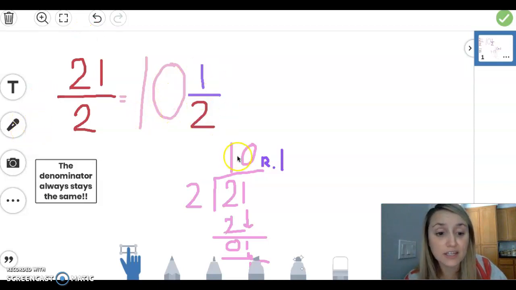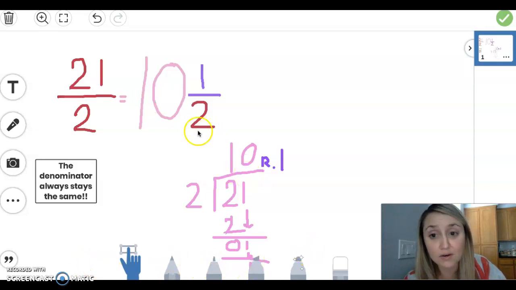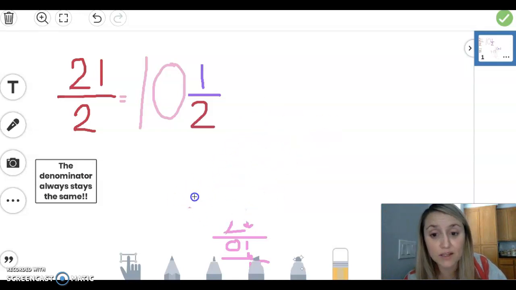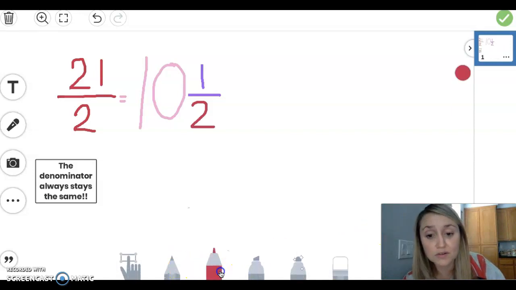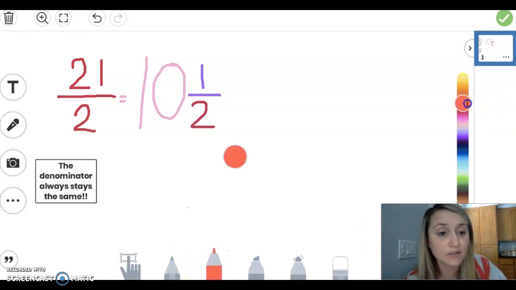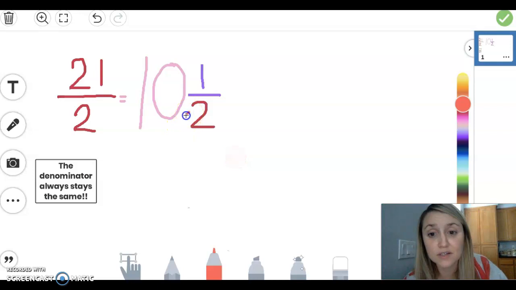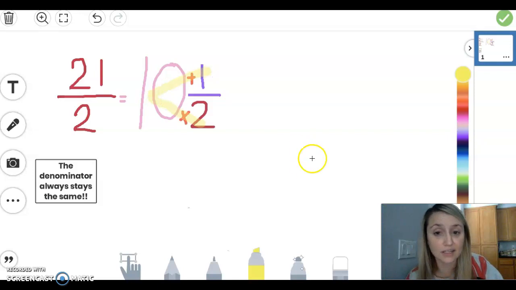So if you wanted to check this and see if we are correct, you can do how we would normally do making our mixed number back into an improper fraction. So when you do it this way, I always have my students do a multiply here and then a plus. And then usually we color coordinate, so you're more than welcome to do that. And I always use a highlighter.